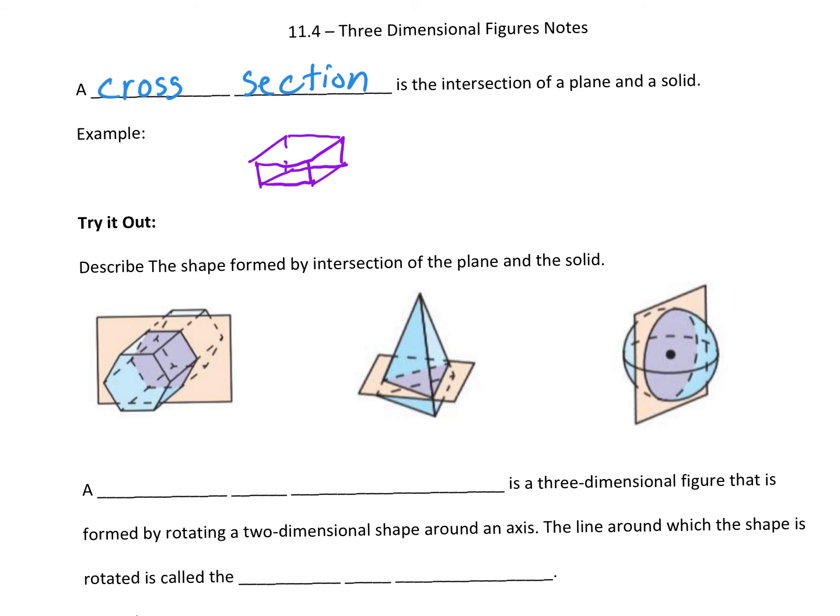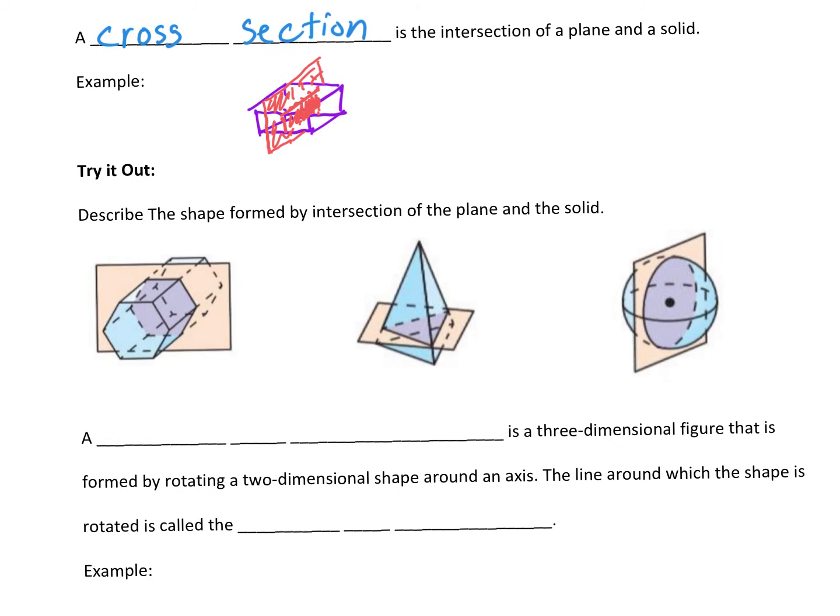I'm just going to go straight up and down because I don't draw that well. If it cuts it here and here, then this right here makes a cross section. So the cross section is the shape that is made by cutting it with the plane.